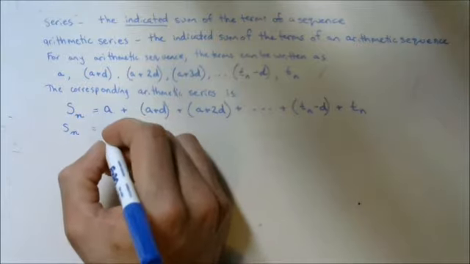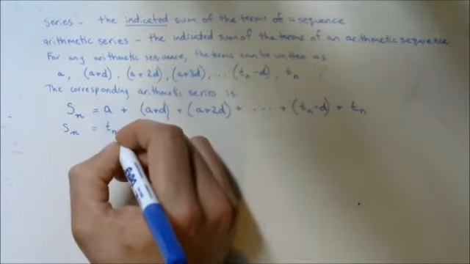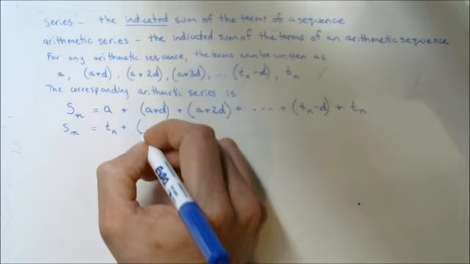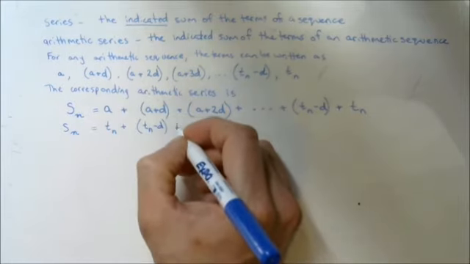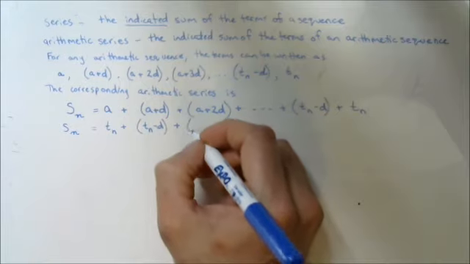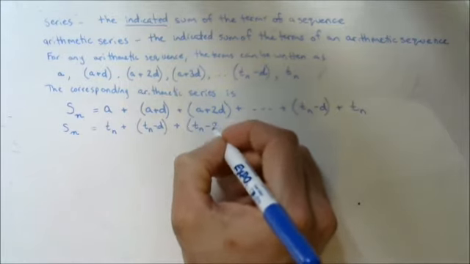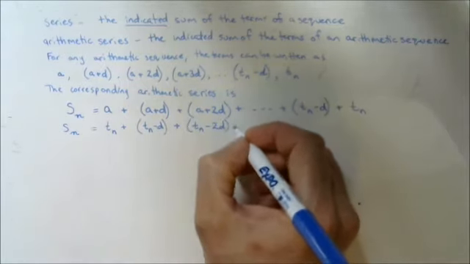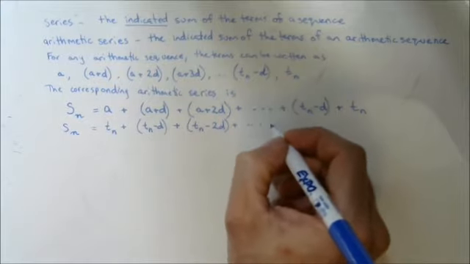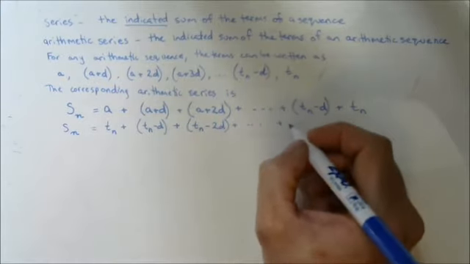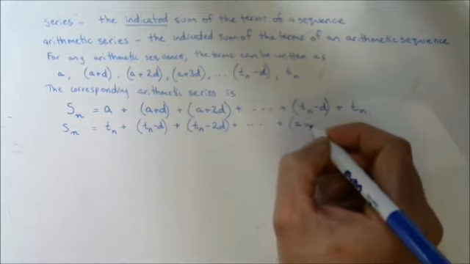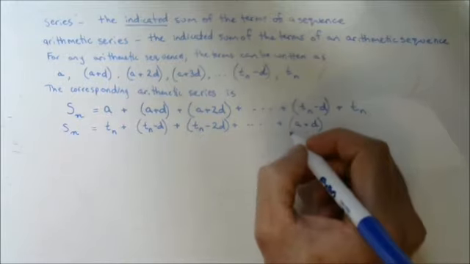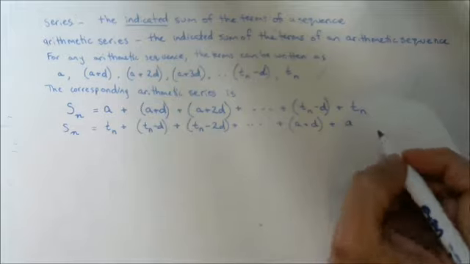That means we're going to go t sub n plus t sub n minus d plus t sub n minus 2d, and it would keep going, t sub n minus 3d, minus 4d, minus 5d, until we get all the way back to the start, in which case the first two terms in reverse are a plus d plus a.